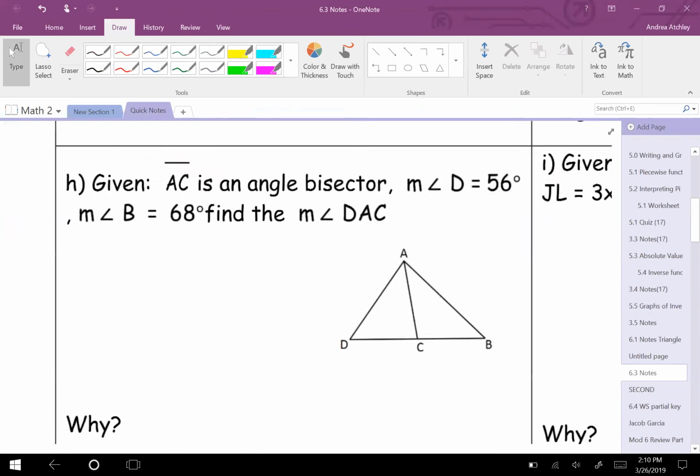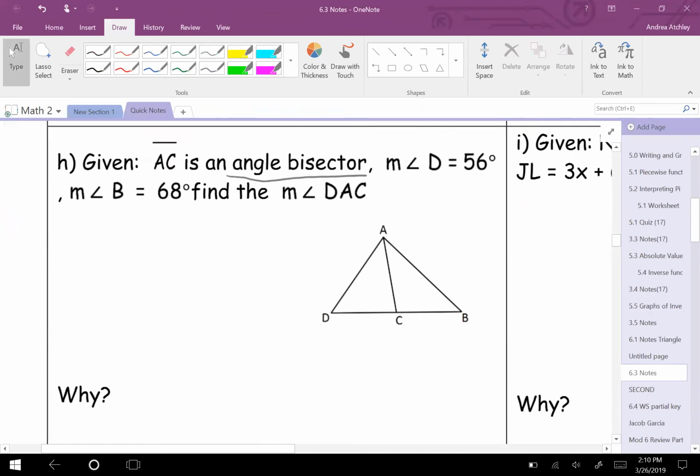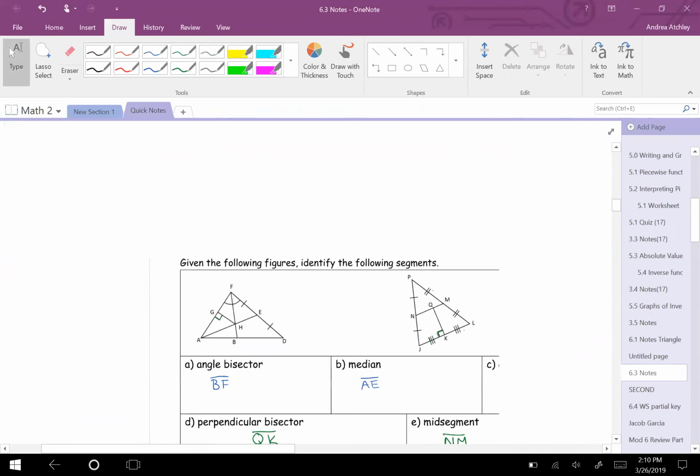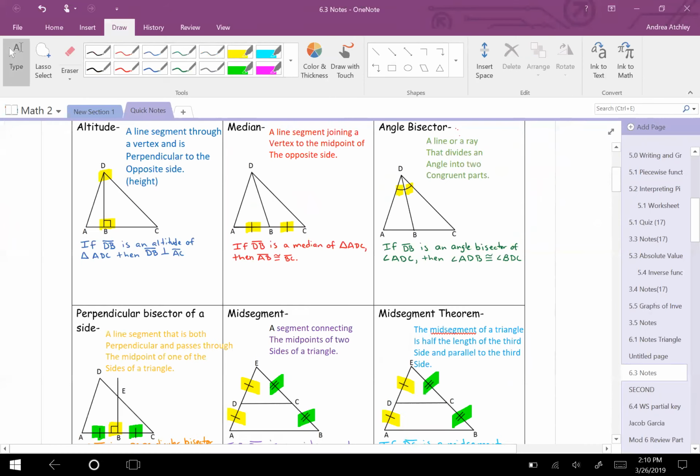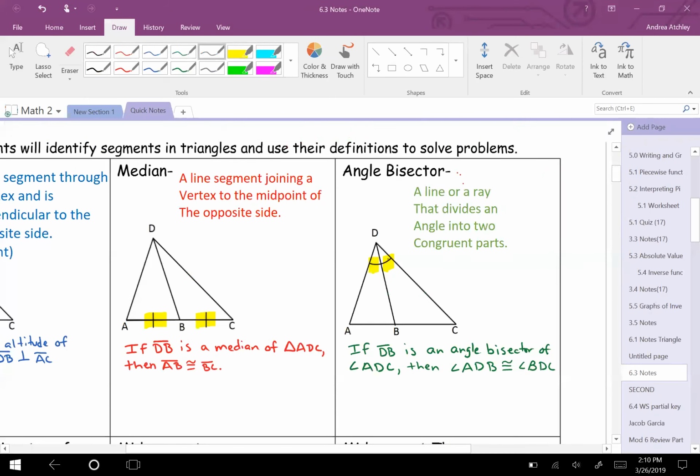Okay, so given AC is an angle bisector. Let's go back up and see what that means. A ray that divides the angle into 2 congruent parts. So my 2 angles are congruent here.